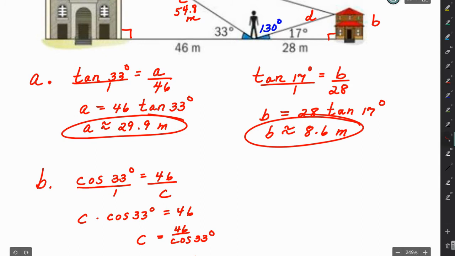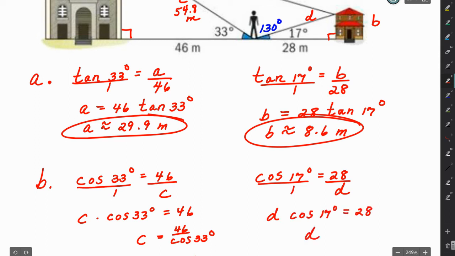Now I need to find side D. Well, my perspective angle is here. I have adjacent, and I'm looking for my hypotenuse. So again, I have to use the cosine. So the cosine of 17 degrees is equal to the side that's adjacent over the hypotenuse. I'm calling that letter D. Cross multiply. We get D cosine 17 degrees equals 28.